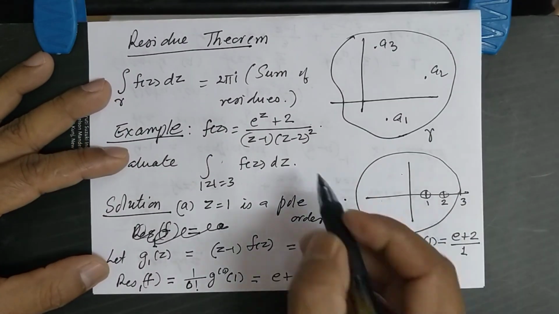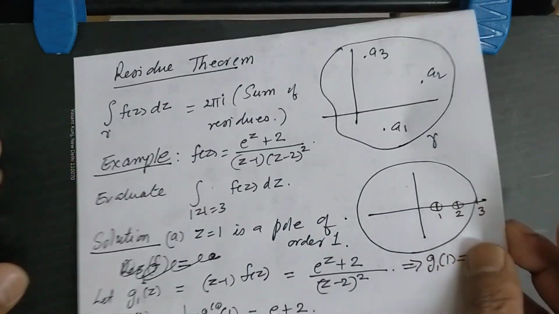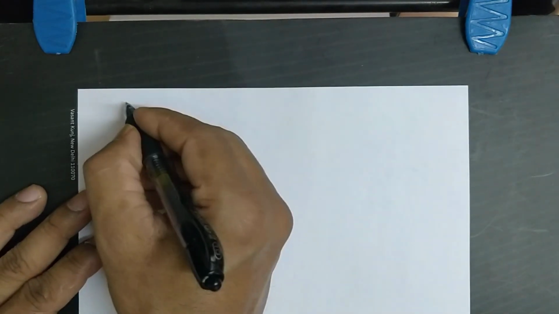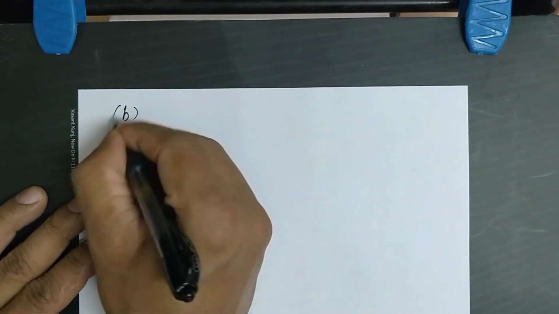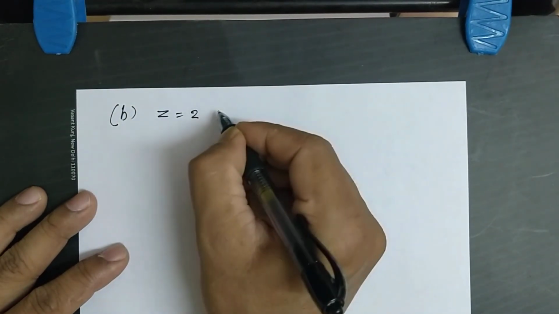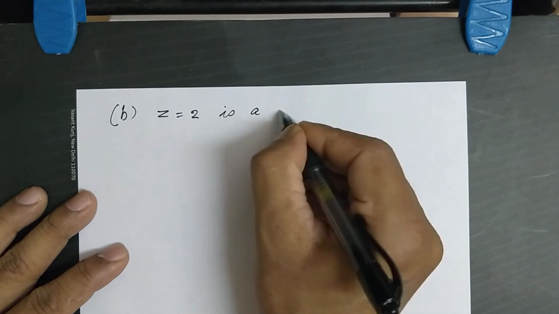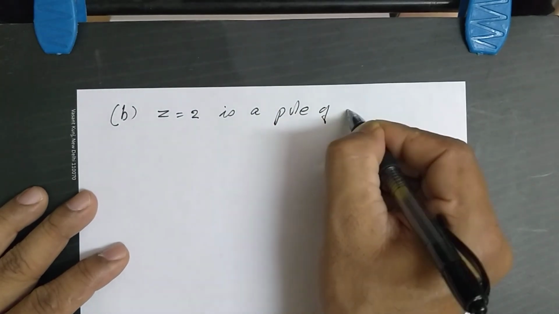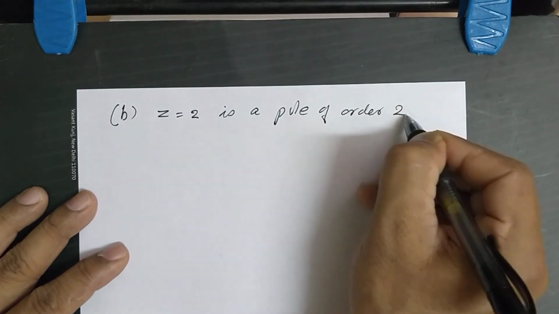I have to now calculate the residue of this at z equal to 2. Let me put the calculation as part B. z equal to 2 is a pole of order 2, right?